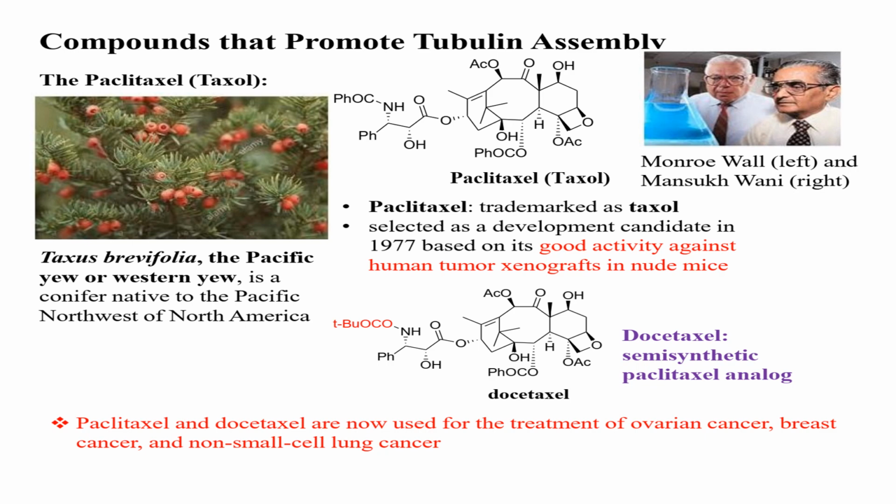Docetaxel is a semisynthetic paclitaxel analog, and paclitaxel and docetaxel are now used for the treatment of ovarian cancer, breast cancer, and non-small cell lung cancer. So this is also another important drug for cancer which can be obtained from plants.